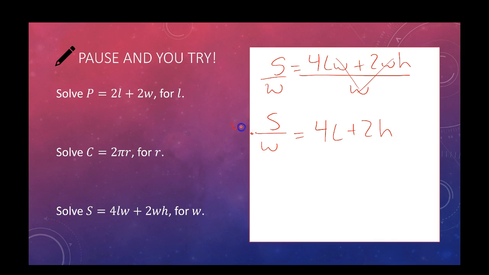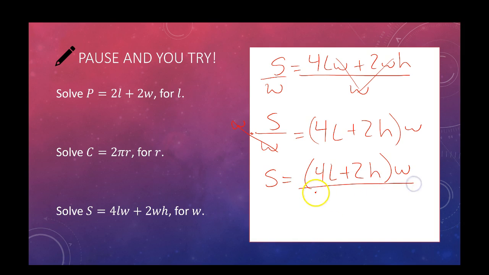Then I'm going to pull that W out of the denominator, and I end up with this. And then go ahead and divide by that whole entire parentheses to be done.